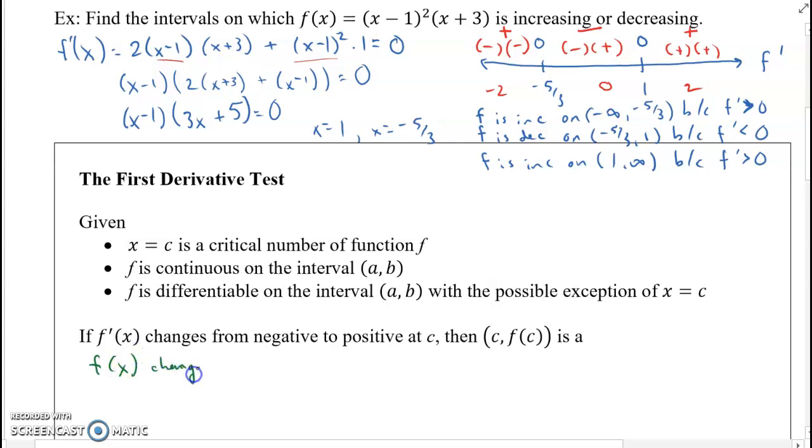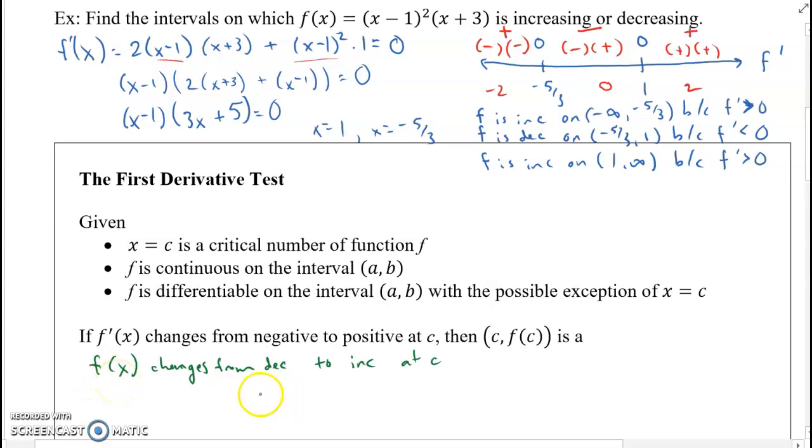Well, if f prime is negative, then f is, as we just talked about, decreasing. And if f prime is positive, then f is increasing. So saying that f prime changes from negative to positive at c is the same thing as saying f of x changes from decreasing to increasing at c.